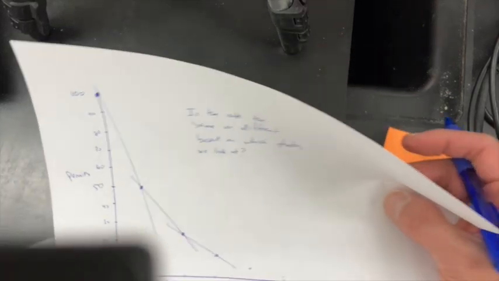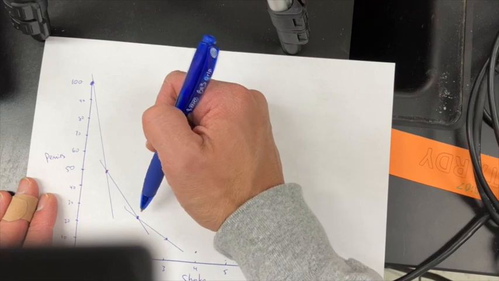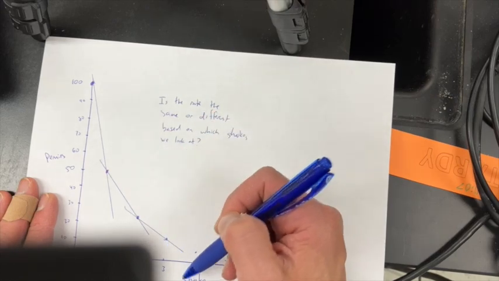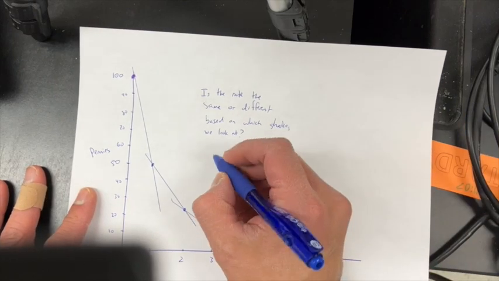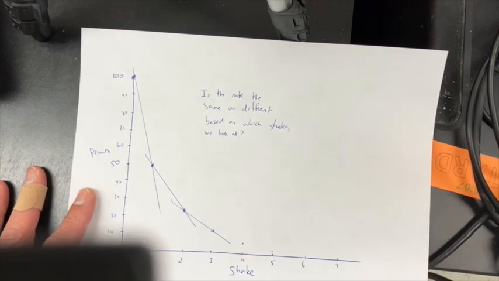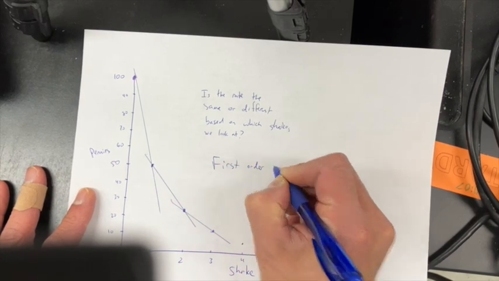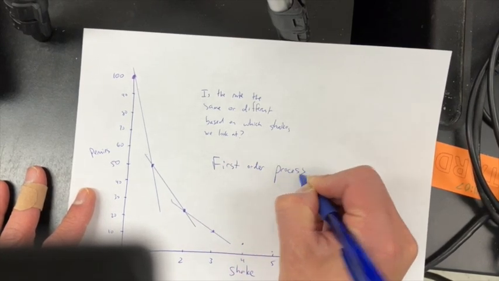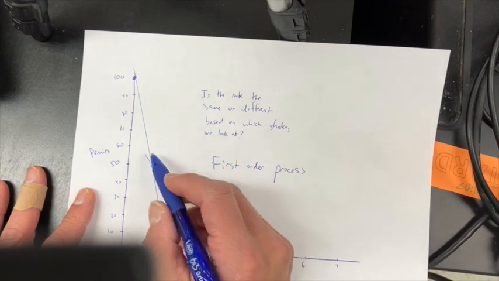Well, in this process, it's different. Because the rate does depend on this, it's not a zero order process. And this actually ends up being a first order process, and we'll talk more about what first order process means. But this is a first order process. And one of the characteristics of a first order process is that it has something called a half-life.